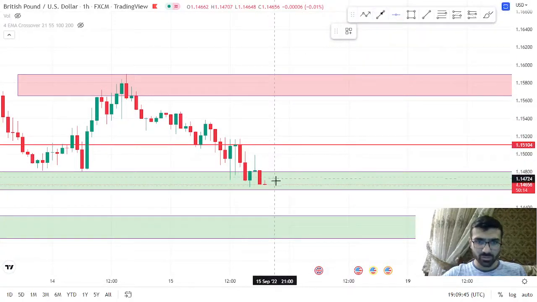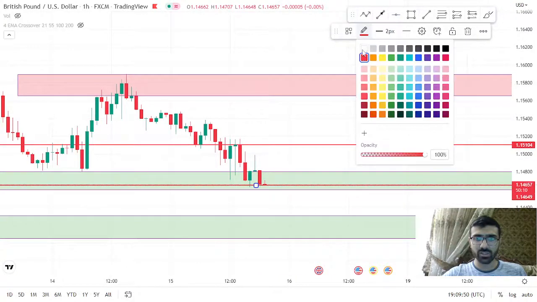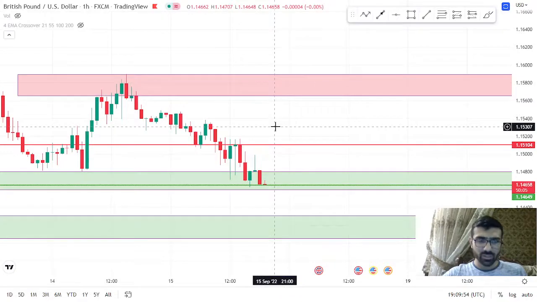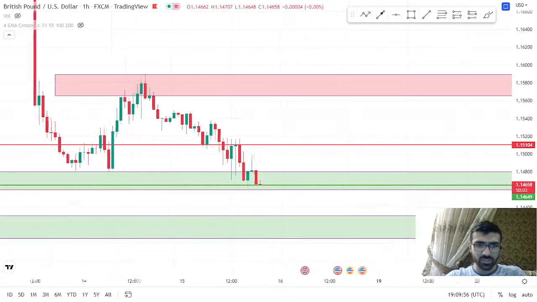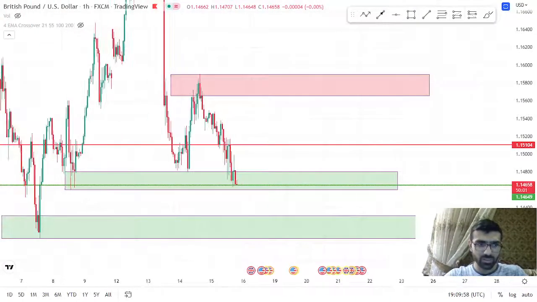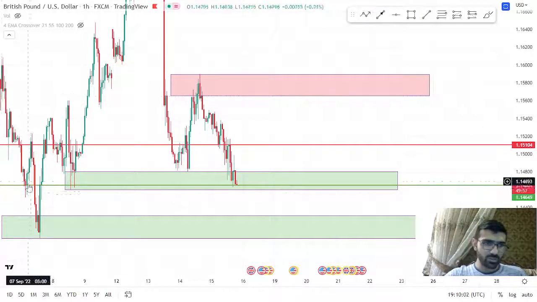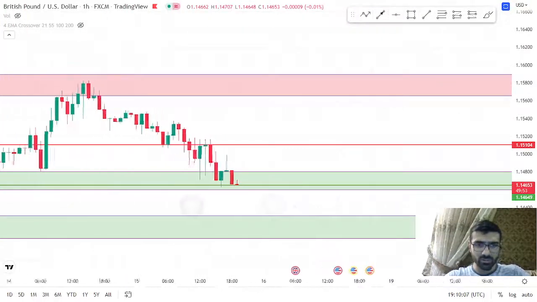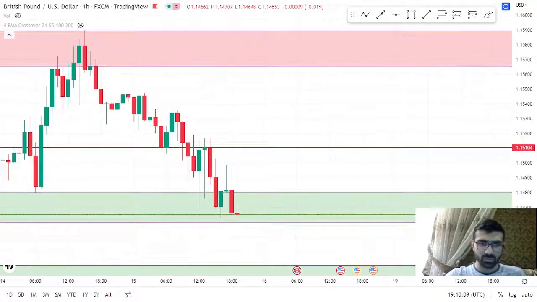And my short-term area of support will be this zone, exactly where market currently is. Has it been tested previously? You can clearly see market has been tested over here and over here and over here as well. So clearly this area is of importance.